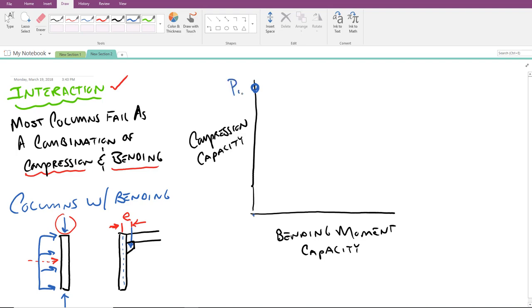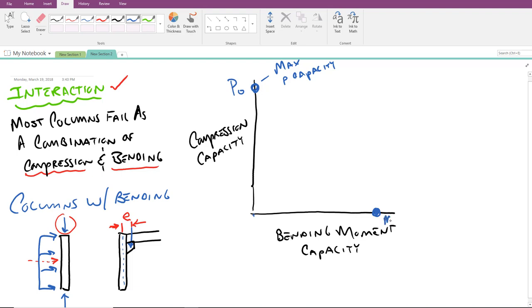And we'll use P for point load, 0 just to represent that that's the maximum value it can have. We'll label that max point load capacity acting up along this axis. Similarly, there's a point where this column can handle as much bending as is possible, but without any compression.